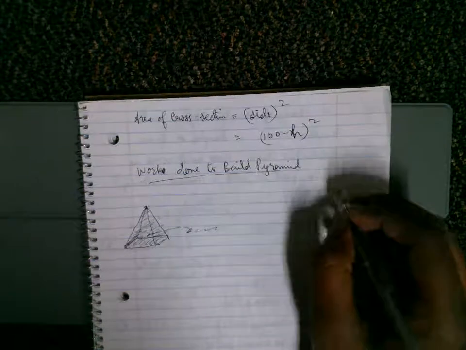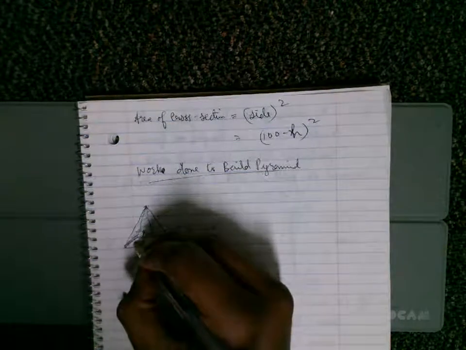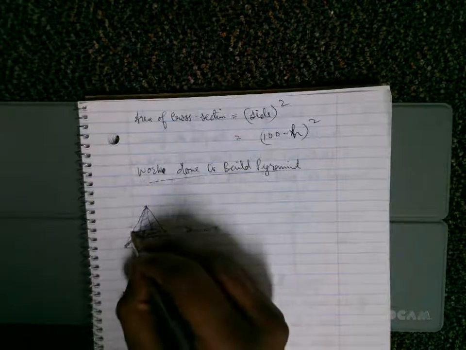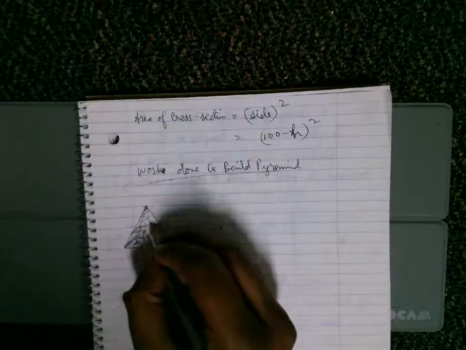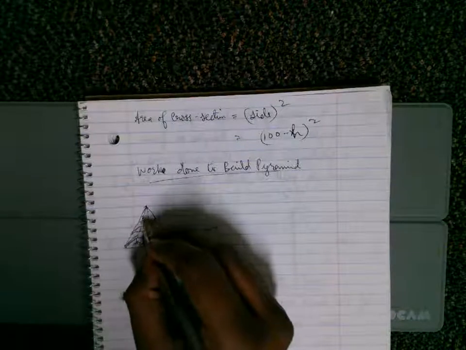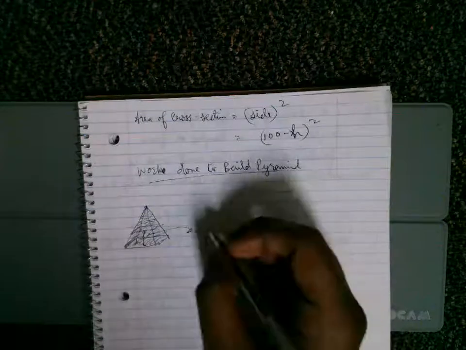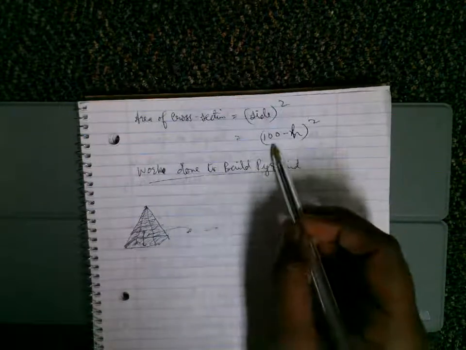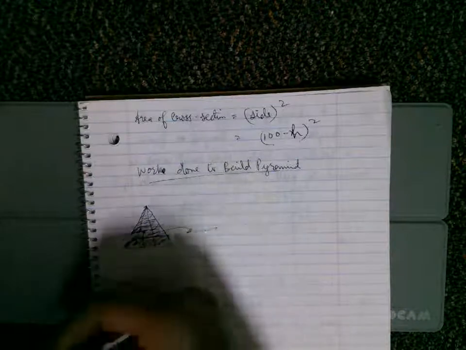But the trick here is that at every height h from the base, the area would be different. On the top it decreases, and on the bottom it is the maximum. As you can see from the formula here, it depends on h, the height from the base.